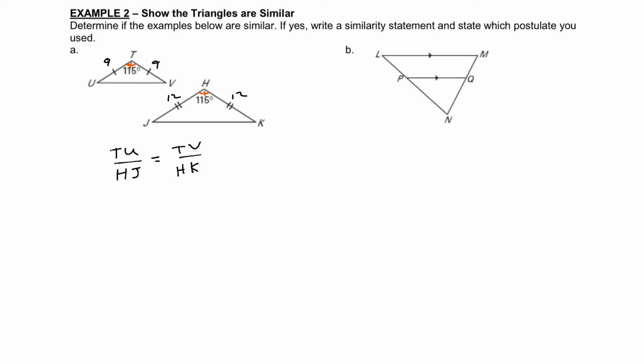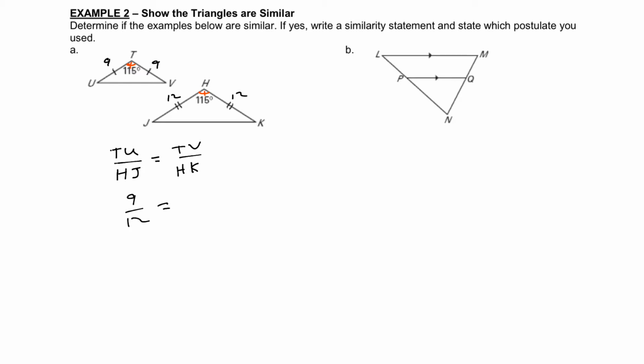And then for these two triangles to be similar, we would need these two pairs of corresponding sides to be in the same ratio. So I did put some numbers on here so that maybe you could see this a little bit easier. The length of TU would be 9, divided by its corresponding side length, the length of segment HJ, which would be 12.